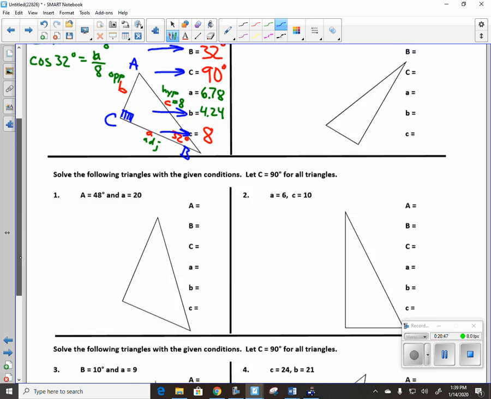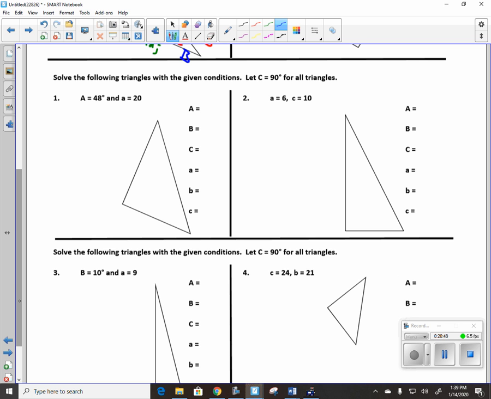Let's do another one together, then you can work on your own. Okay? You start to help me. What do I label that as? So that's C. Where else do you want to put your letters? Where do you want to put A and B? You want A on top? Okay. We'll put B on bottom.